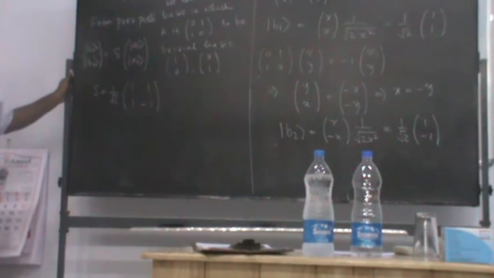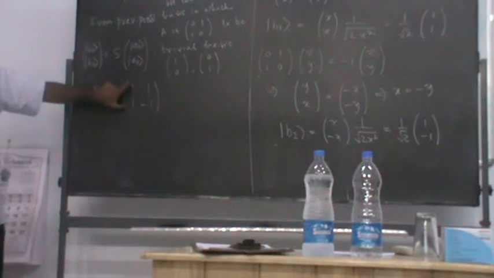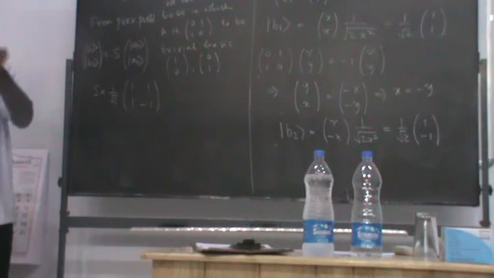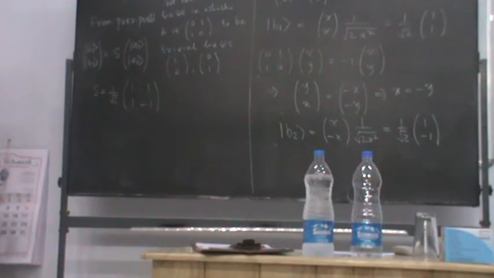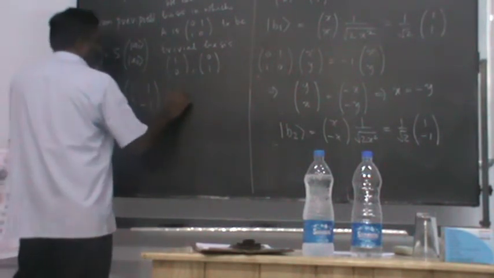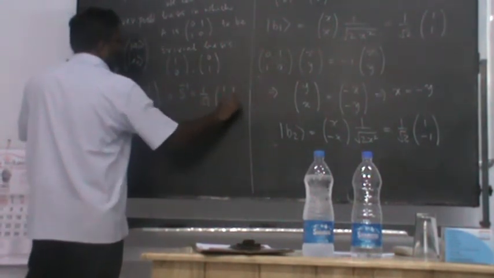Now if you look at this structure, the eigenvector B1 is kept in the first column, eigenvector B2 is kept in the second column. So the columns of this transformation matrix are the eigenvectors of the matrix A. So you can immediately write down, in this case it turns out S inverse is also the same as this matrix.